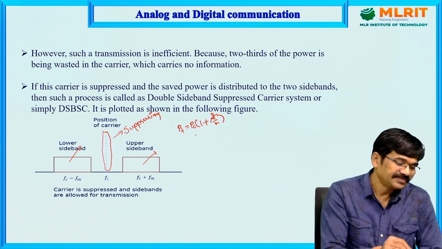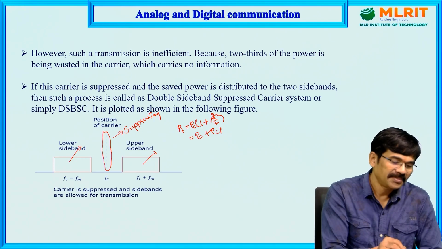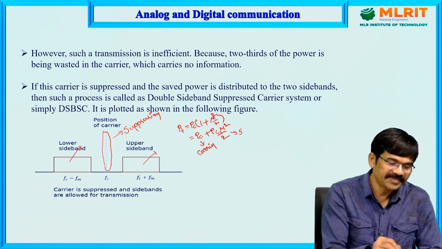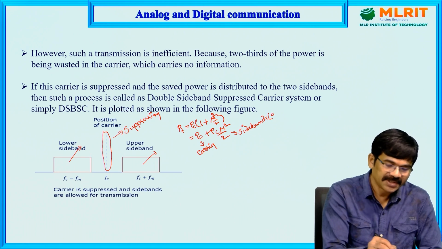Here, PC is the carrier and PC mu square by 2 is the sidebands, both upper USB plus LSB.